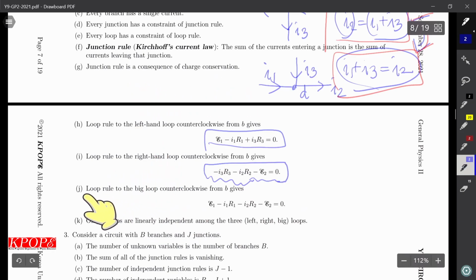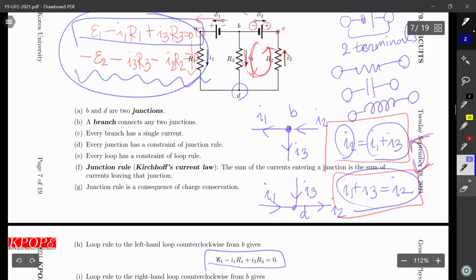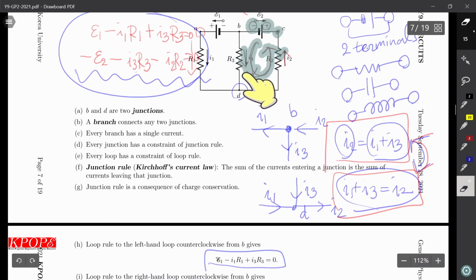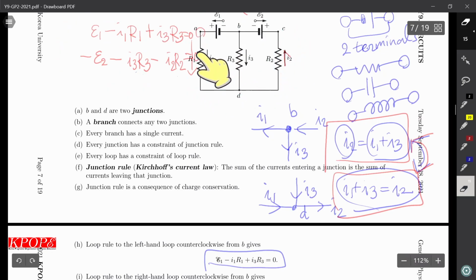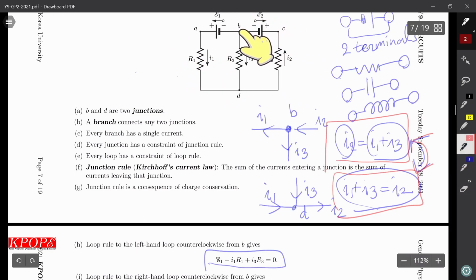You can consider the big loop counterclockwise from B. Counterclockwise from B, you follow this direction.